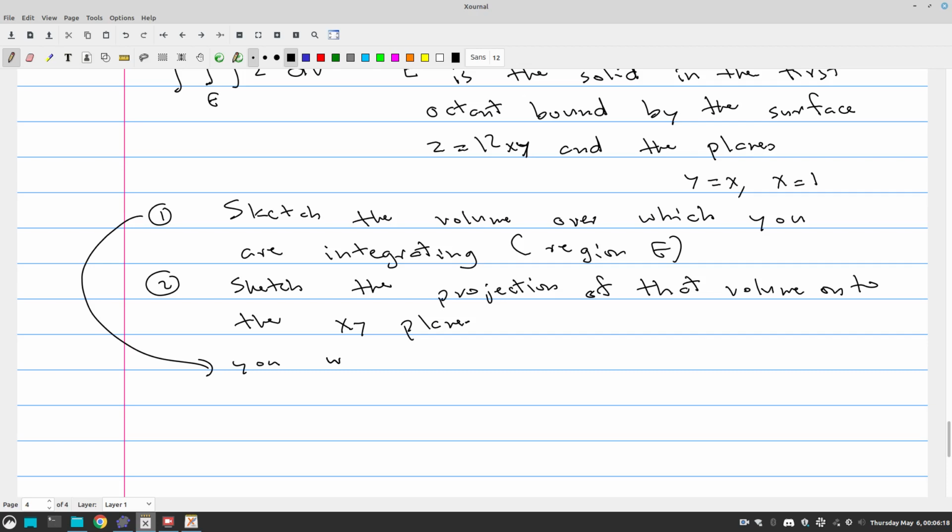For example, you could use GeoGebra. GeoGebra and Python are free. Mathematica is of course paid, right?